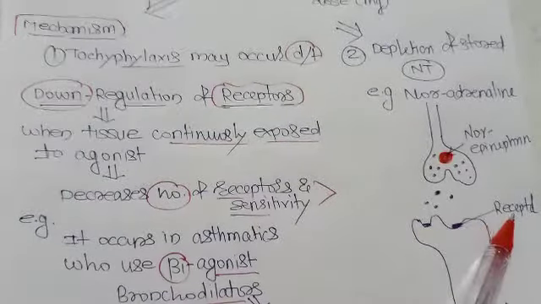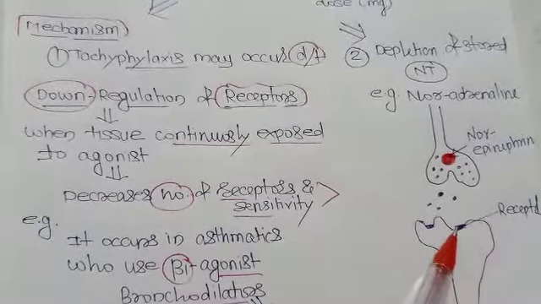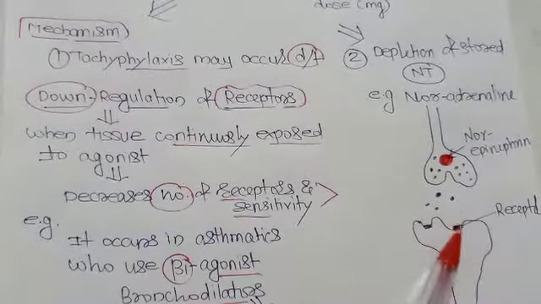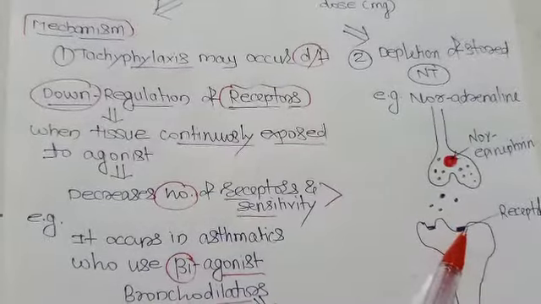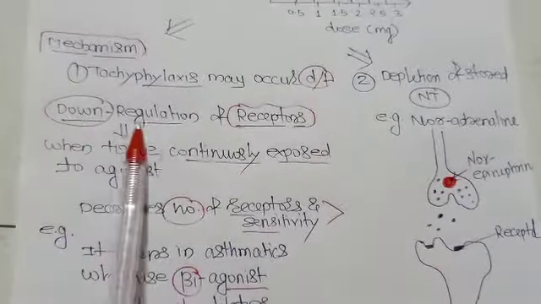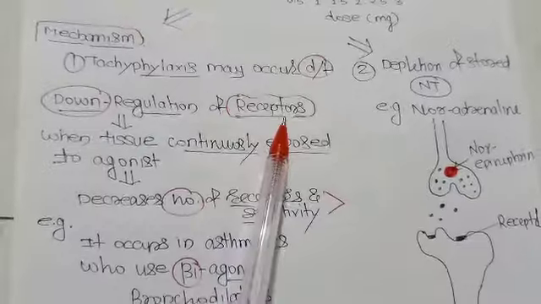That is receptor desensitization: it decreases the sensitivity of the receptor and also decreases the number of receptors. Because of that, downregulation of receptors occurs.